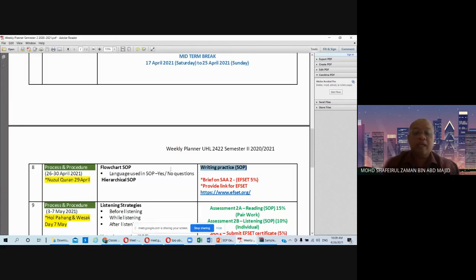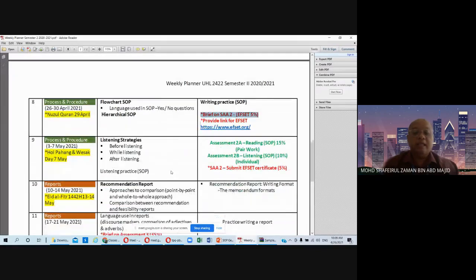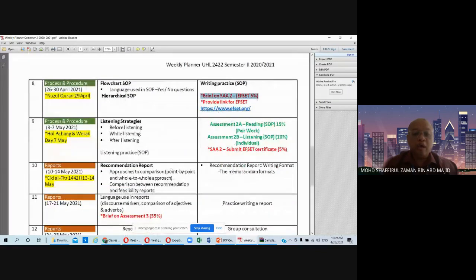And in the second meeting as well, I'm going to give you the briefing on the second self-access activity, which is going to be conducted using the F-site platform. Once I have given you the instruction in the second meeting, then you can proceed with the self-access activity. So this is for week 8, just to give you a teaser of what you're going to have next week.